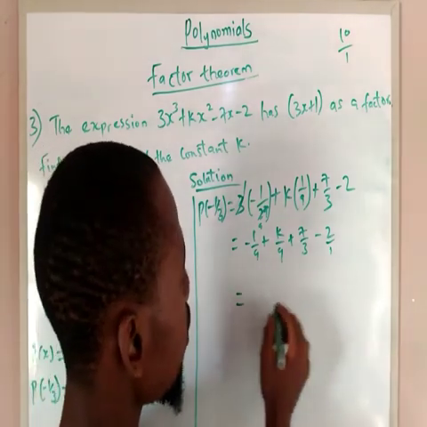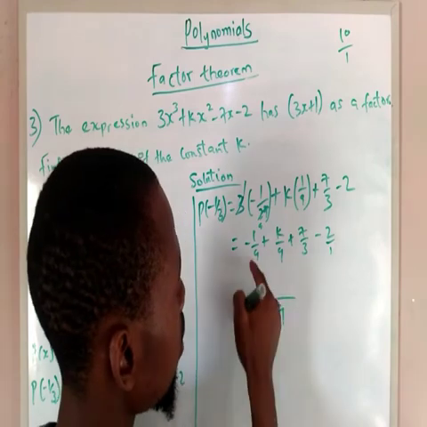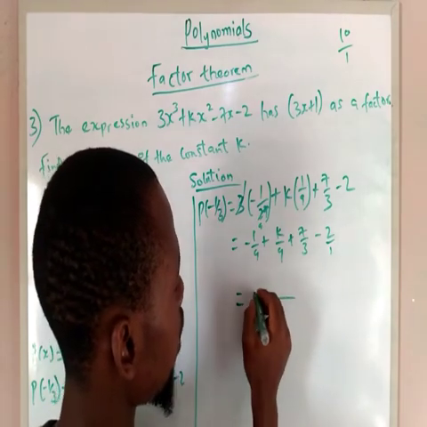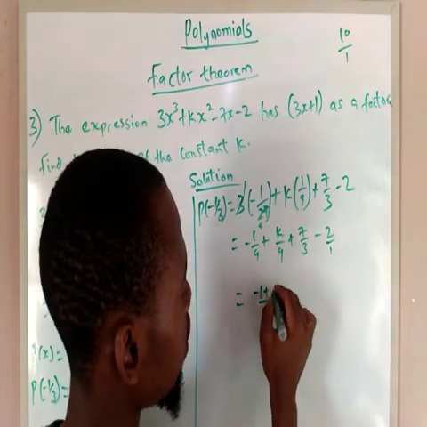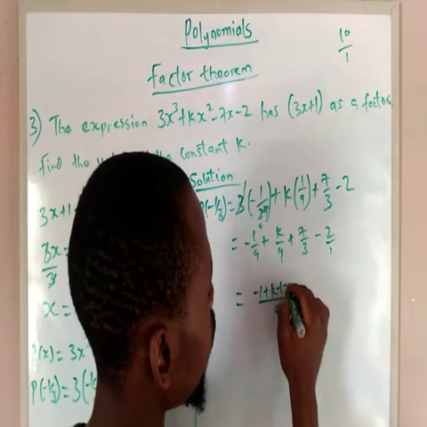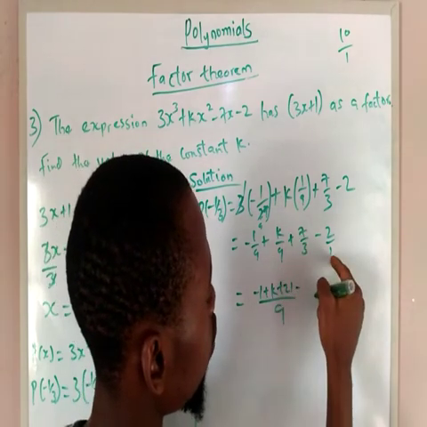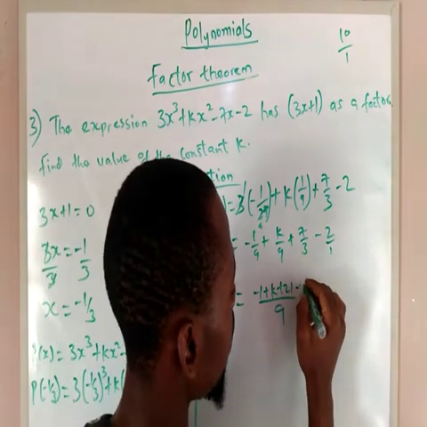So the LCM of all these numbers is 9. 9 in 9, 1. 1 times minus 1, we have minus 1, plus 9 in 9, 1. 1 times k, we have k, plus 3 in 9, 3. 3 times 7, 21, minus 1 in 9, that is 9. 9 times 2, that will be 18.